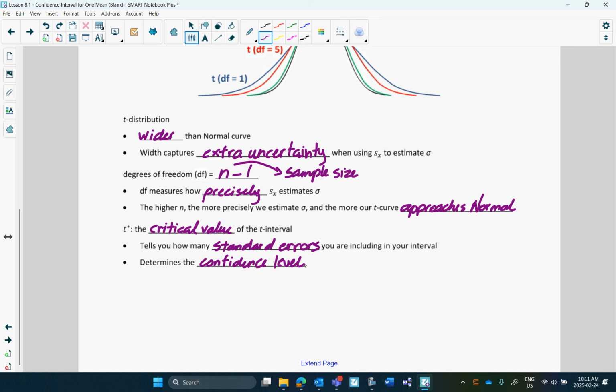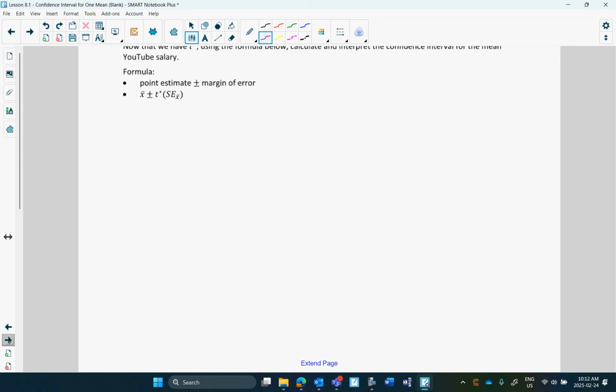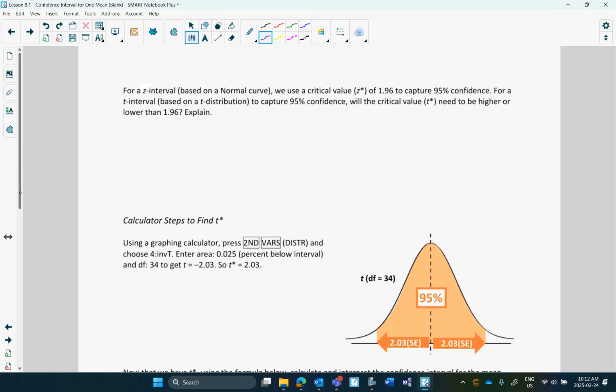So just recall for a Z interval, which is based on the normal curve, we used a critical value of 1.96 for 95% confidence.